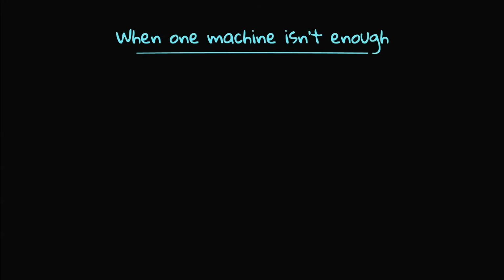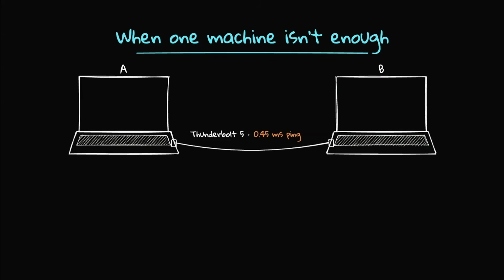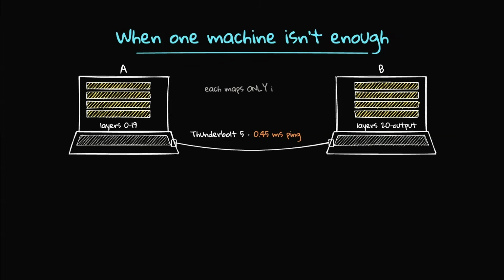And if you want to push past one machine entirely, DwarfStar does distributed inference, which is pretty great for running large models. So say you take 2 MacBook Pros, you just connect them via a Thunderbolt 5 cable. Now, in this case, you split the model by layers.